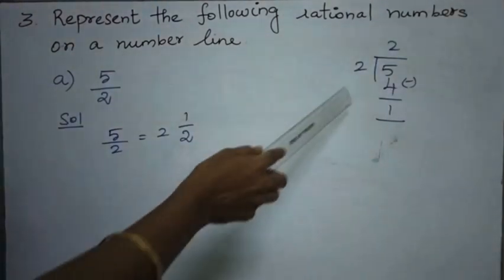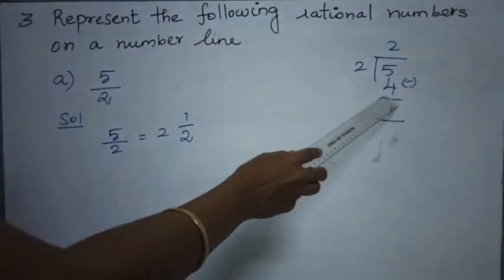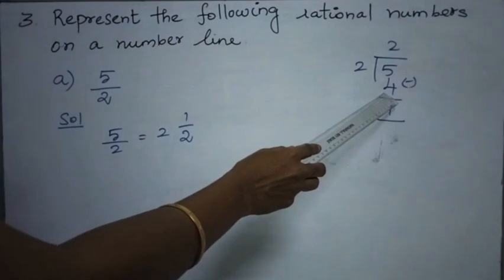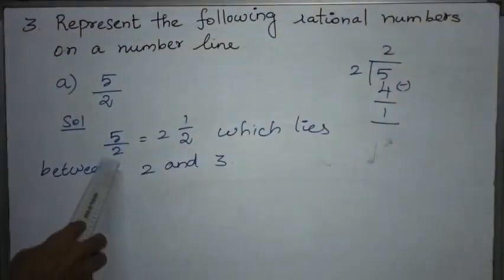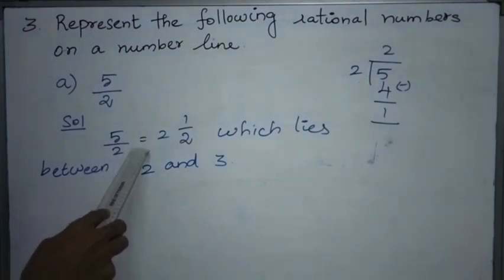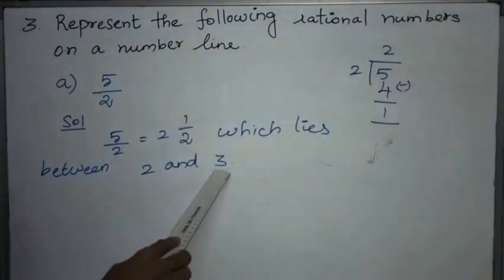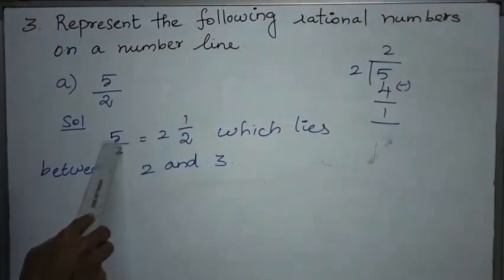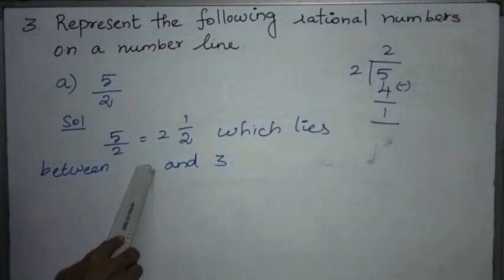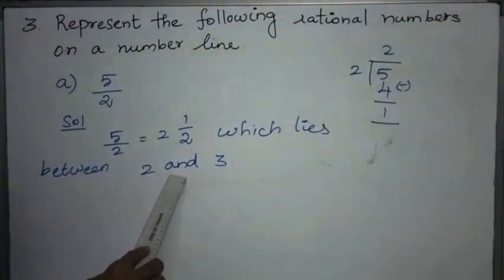Here 5 divided by 2: 2 2s are 4. So 5 minus 4 we get 1. How do you write it in mixed form? 5 by 2 is equal to 2 and 1 by 2, which lies between 2 and 3, because the whole number we get is 2. So this 5 by 2 lies on the number line between 2 and 3.